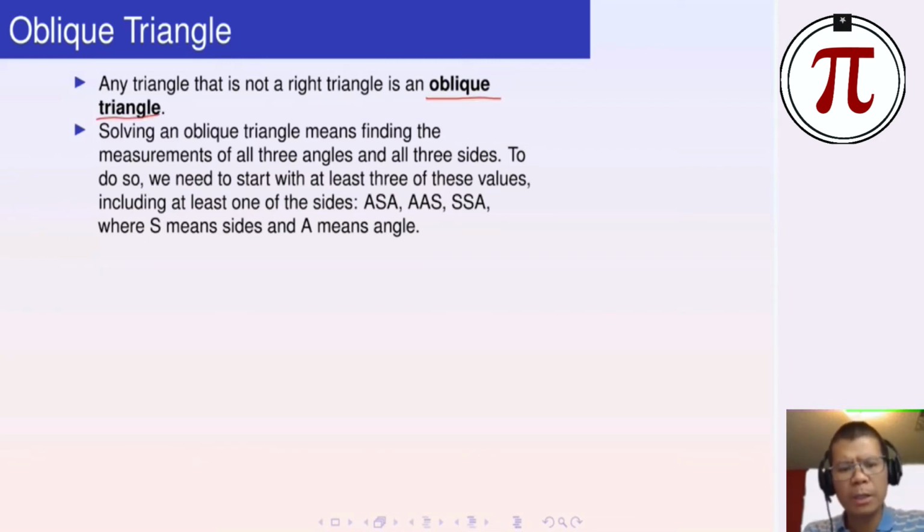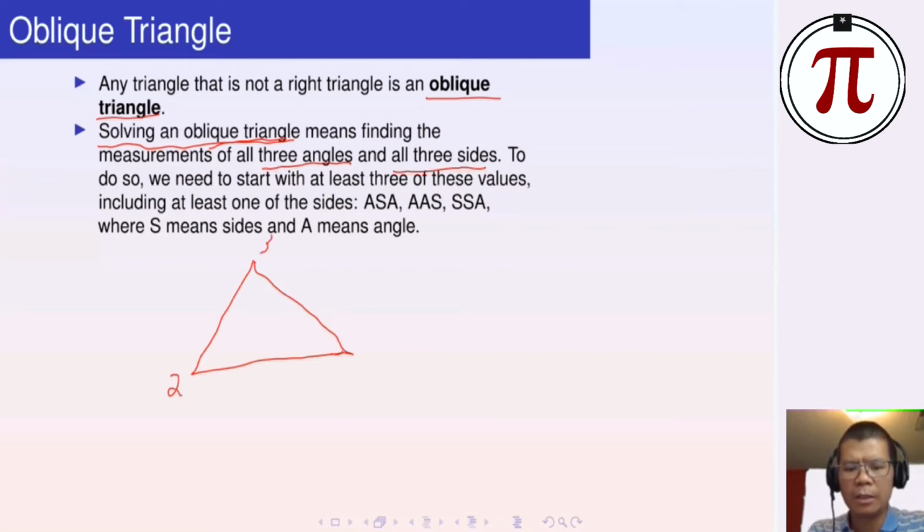Now, solving an oblique triangle means, all right, what do we mean by solving an oblique triangle? It means find all 3 angles and all 3 sides. Say this is alpha, this is beta, this is gamma, and this is A, this is B, and this is C. So these sides are A, B, and C, and the angles are alpha, beta, and gamma.